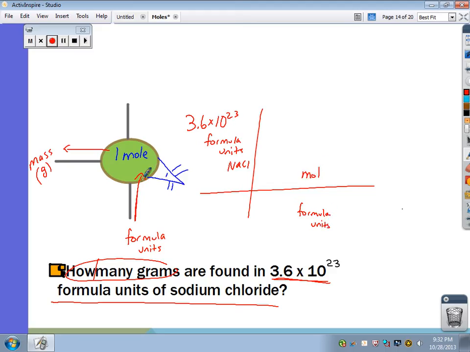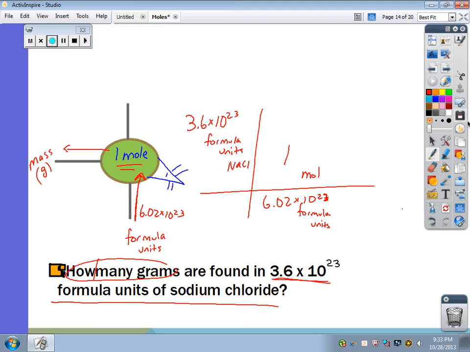That's this step right here. How many moles in that whole? 1. What's the number you pass by? 6.02 times 10 to the 23rd. So that goes down here. And again, what do you do when you ever divide by 6.02 times 10 to the 23rd or anything else in scientific notation?